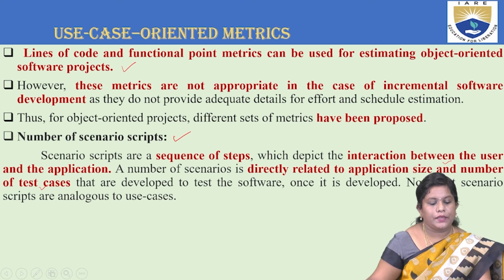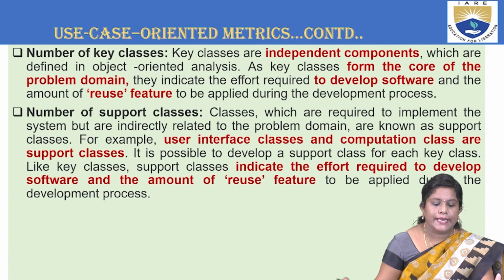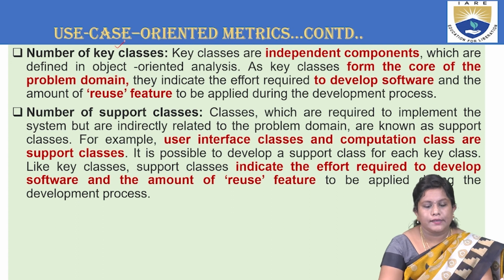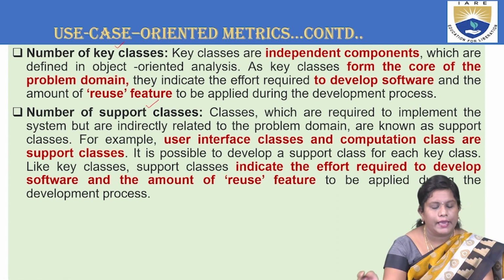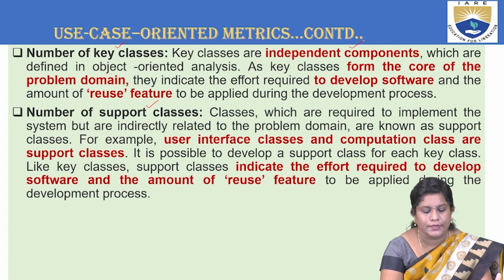So this is the first category, using the scenario scripts under the use case oriented metrics. The second one again is the key classes for the use case here, and then you have the support classes as depicted before. As I told you, key classes act as independent components, right?